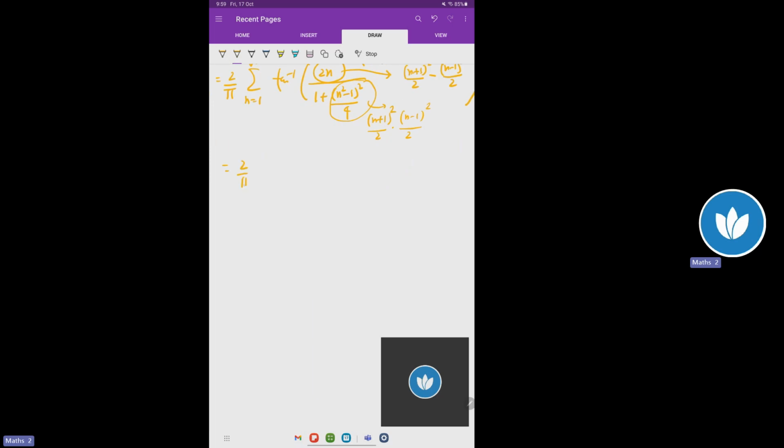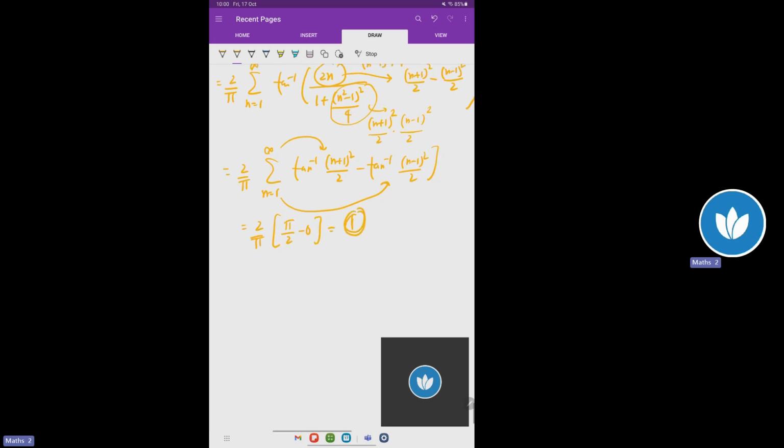Now if you break it, this will be tan inverse of n plus 1 whole square by 2 minus tan inverse of n minus 1 whole square by 2. Just put infinity here and 1 here. So this will be pi by 2 and this will be 0. So your answer would be 1 actually.